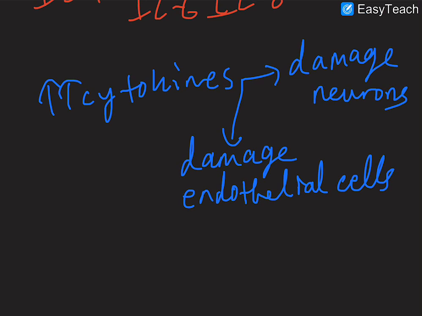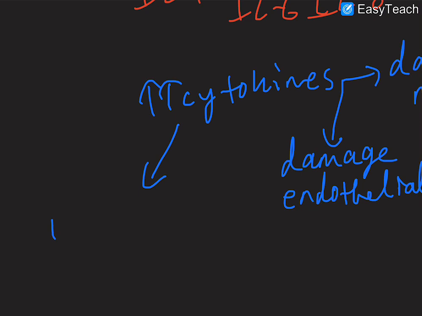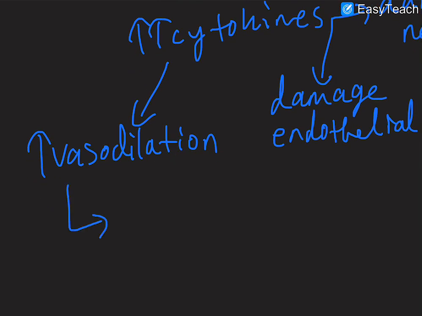That's actually what happens in HSV1: later on, if it gets severe, you can get hemorrhagic necrosis of your temporal lobe. Okay, so all these cytokines will lead to damage of the neurons. They can damage endothelial cells, and we know that cytokines can increase vasodilation and permeability, right? As part of the inflammatory response.